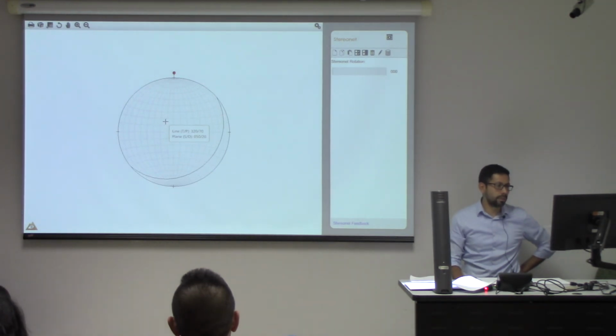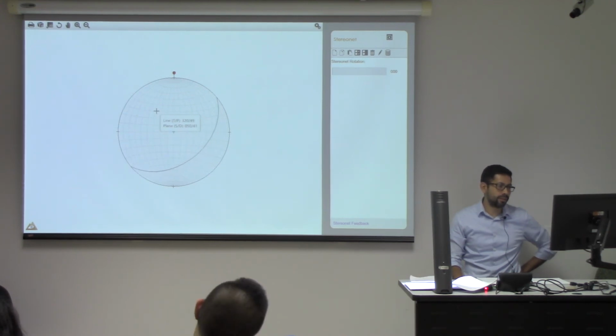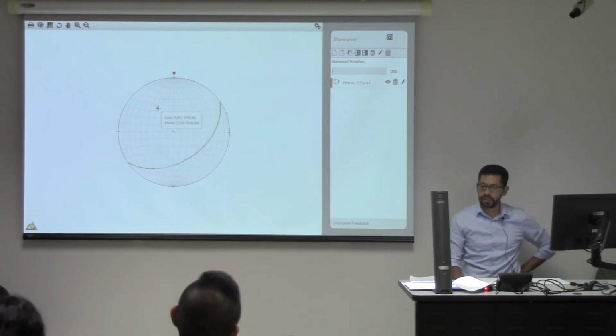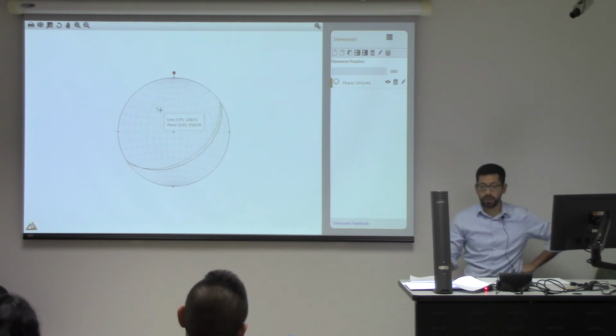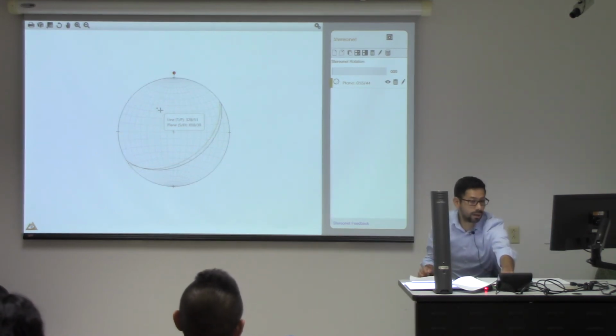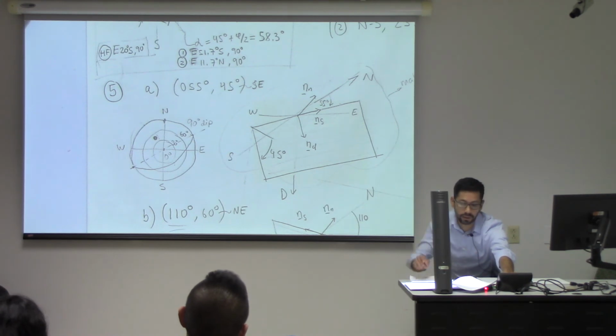So look, 55, let me get to 55, and now 45 degrees, somewhere over there. Okay, almost, okay? That is that plane. That's the same stereo net as, well, similar to the one we have there. You see that one?